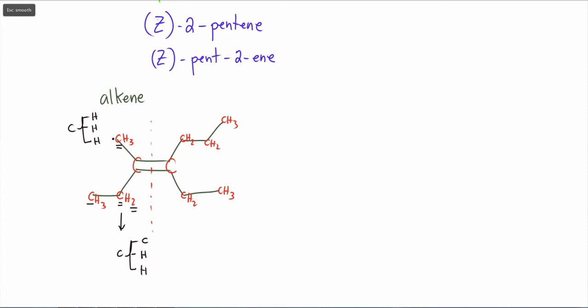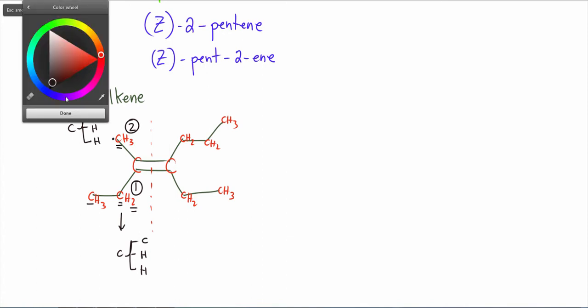So this group going down on that side of the double bond, we could say that will give us priority number 1. And by default, whatever is assigned 1, the other atom group attached to that sp2 carbon is going to be 2.